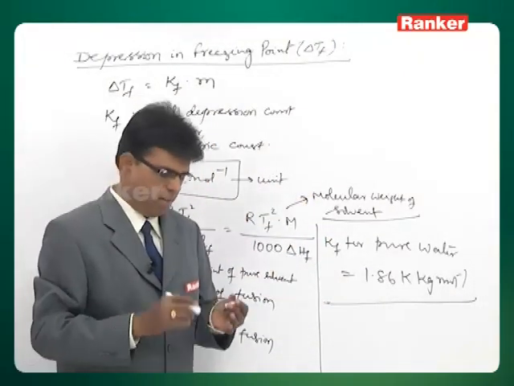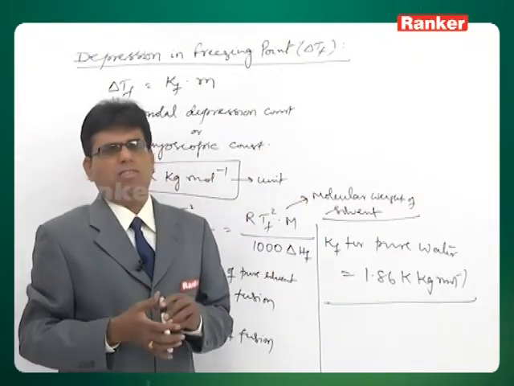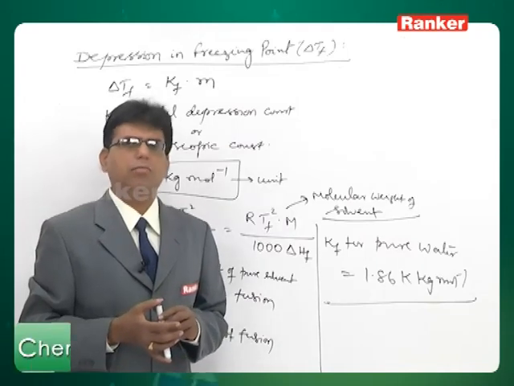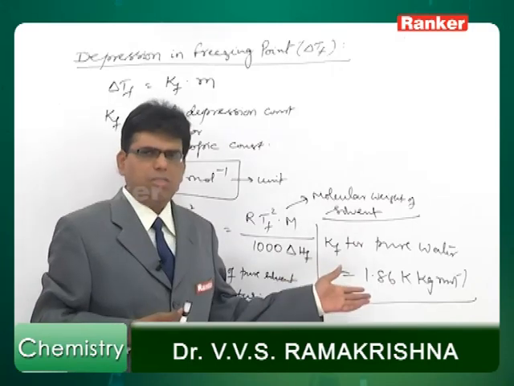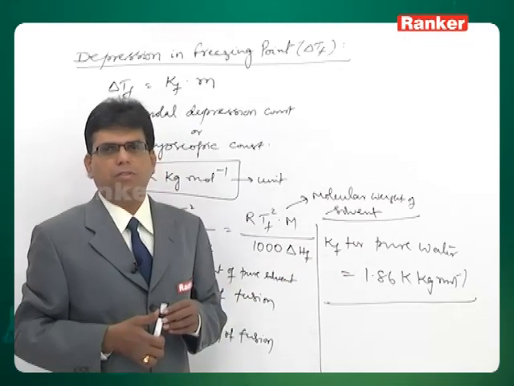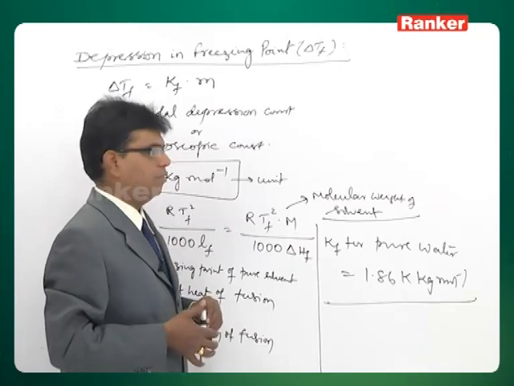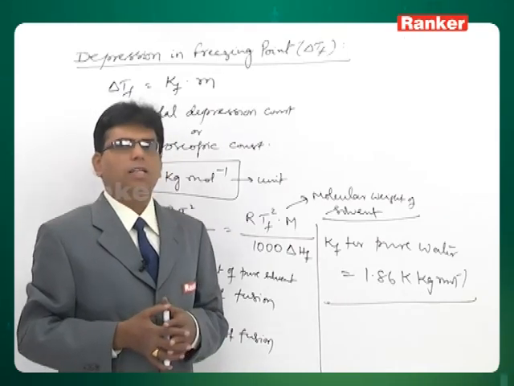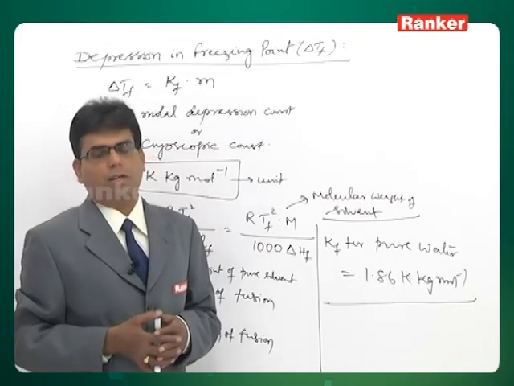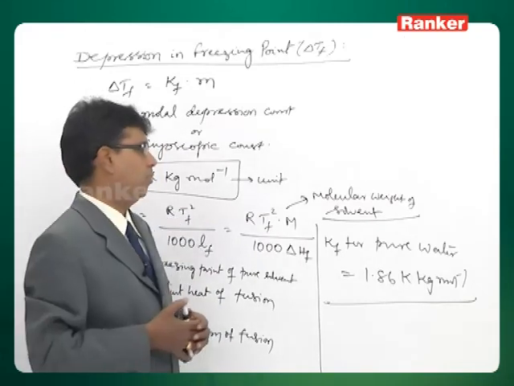Now, like we discussed some simple applications for elevation in boiling point in the pressure cooker case, where do we use this depression in freezing point? The depression in freezing point case we use especially in cold atmosphere, cold countries, cold regions.